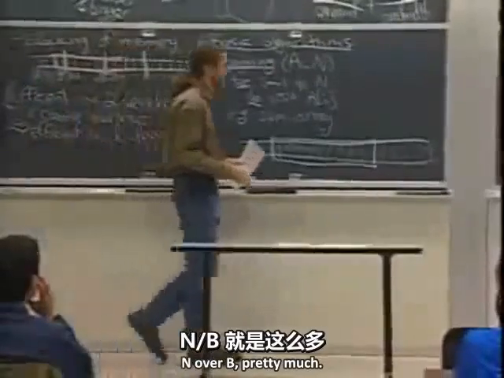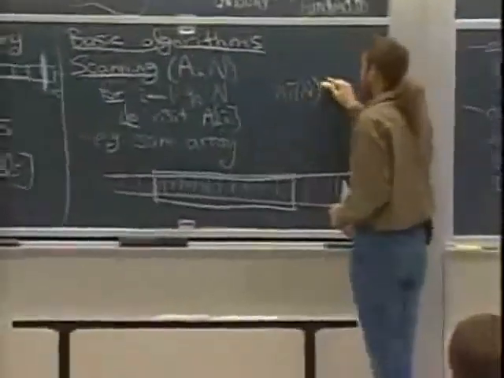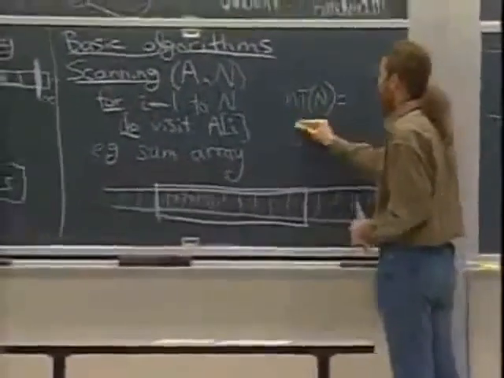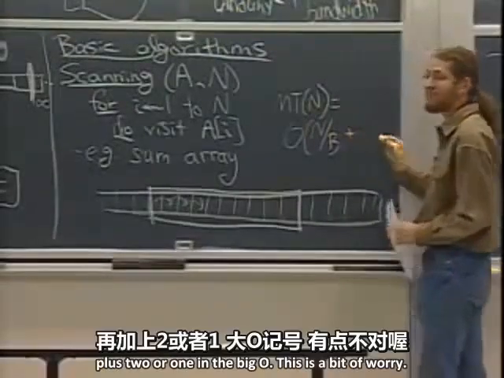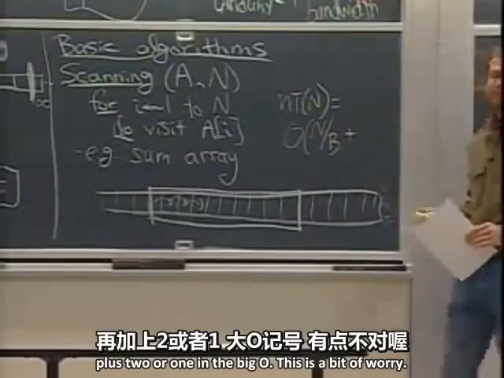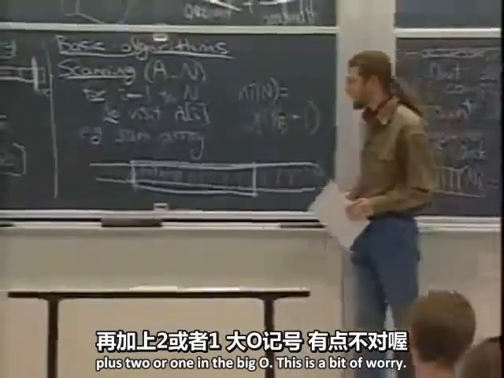N over B, pretty much. I'd like to say it's order N over B plus 2 or 1 in the big O. There's a bit of worry.